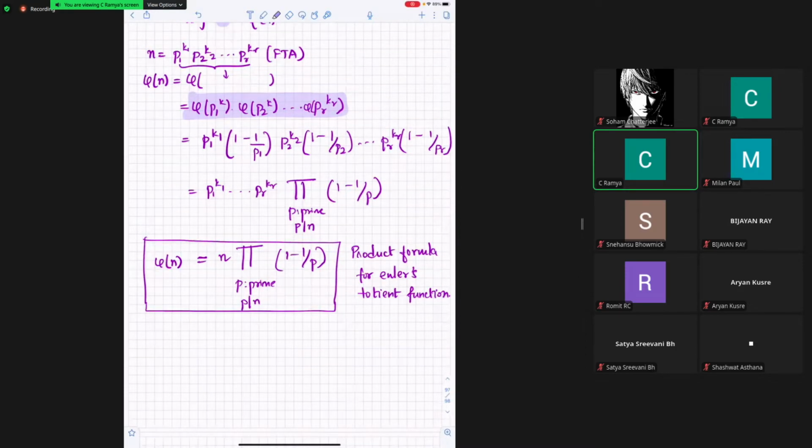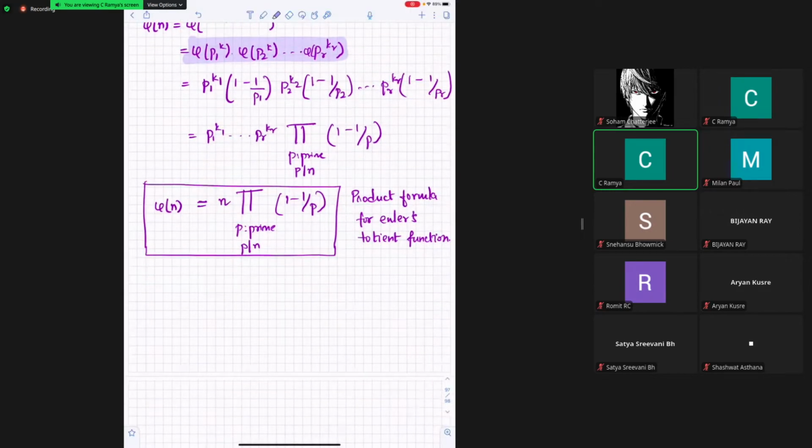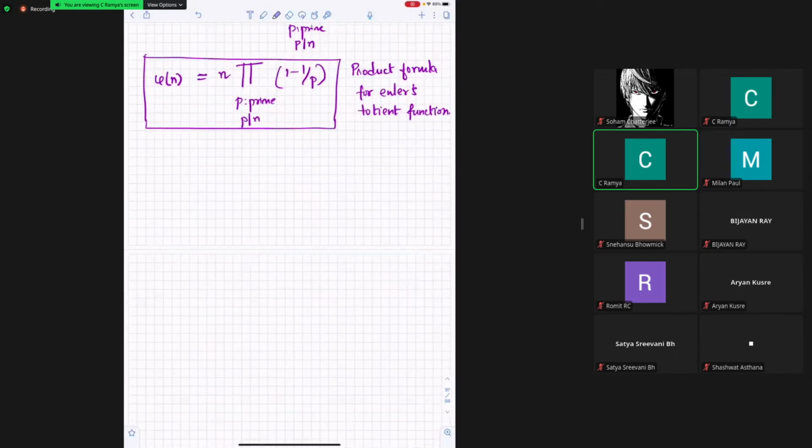This is something we did not prove, which we should. So this property is called multiplicativity of phi.